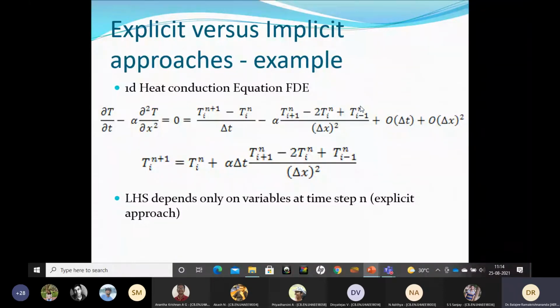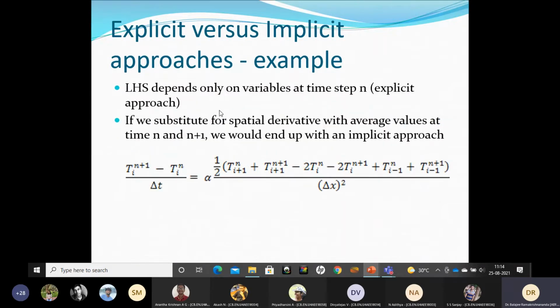If you write your FDE like that, you will get this expression. See, Ti plus 1 at n minus 2 Ti at n plus Ti minus 1 at n, plus the same thing at n plus 1: Ti plus 1 at n plus 1 minus 2 Ti at n plus 1 plus Ti minus 1 at n plus 1. Average is the whole divided by 2, so half is coming in the numerator. You do it like this.